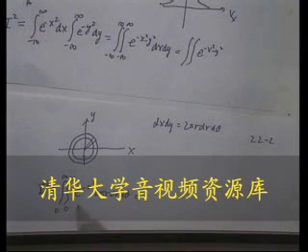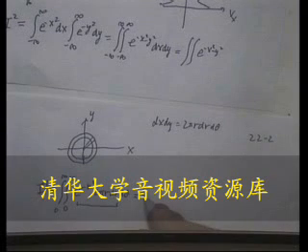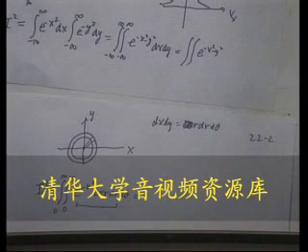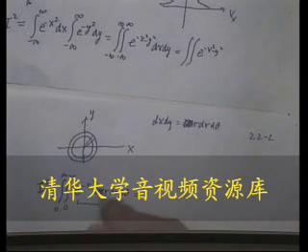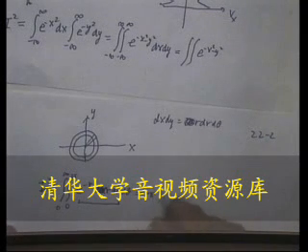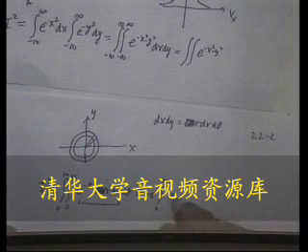But the integrand doesn't depend on theta, so the d theta integral is equal to 2 pi. So therefore it becomes 2 pi times the integral from 0 to infinity of e to the minus r squared r dr.